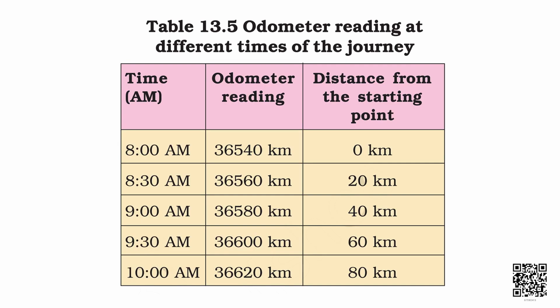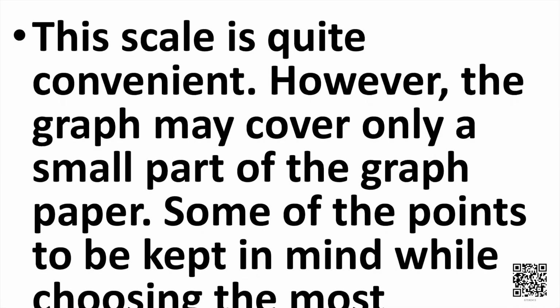Now the total distance covered by the bus is 80 km. So if we decide to choose a scale 1 km equals 1 centimeter, we shall have to draw an axis of length 80 centimeter, and this is not possible on a sheet of paper. On the other hand, a scale of 10 km equals 1 centimeter would require an axis of length only 8 cm. So this scale is quite convenient.